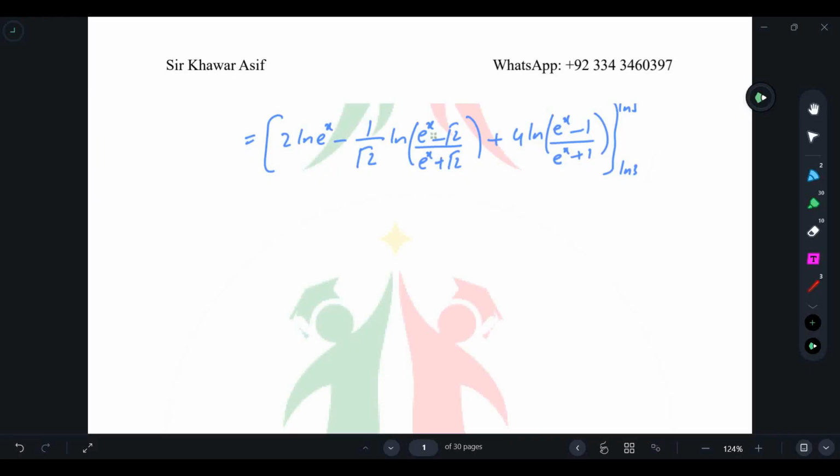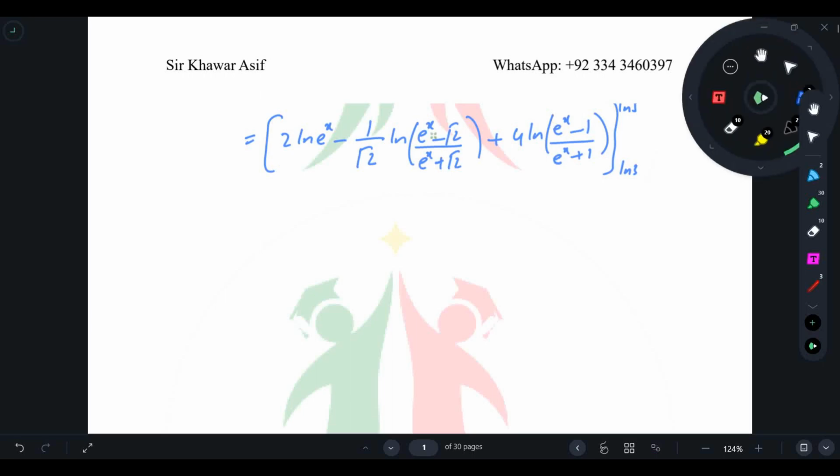Now for exact values, we need to just put the values, upper limit minus lower limit, and we cannot use a calculator.